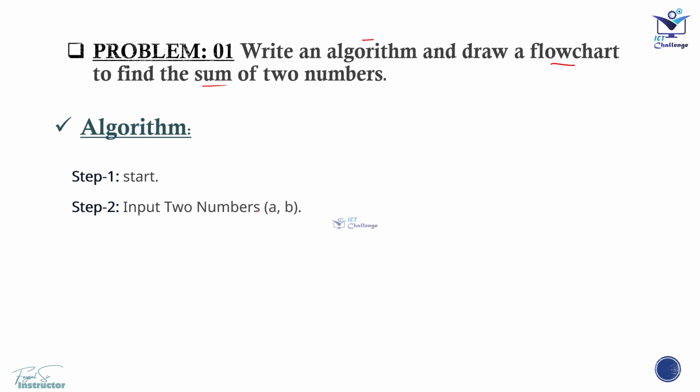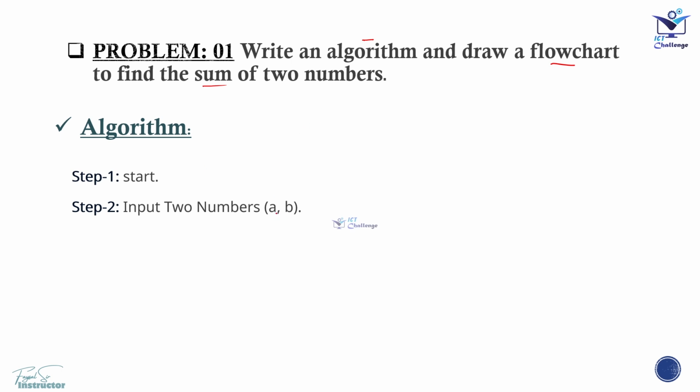So two numbers, which numbers? You can write values like 5 and 4, but here I write these kinds of variables, a and b. So what is a variable? Maybe you know that. If you don't know, don't worry about it, I will discuss this later. So here we input a and b to add those numbers, because the value of a can be anything.